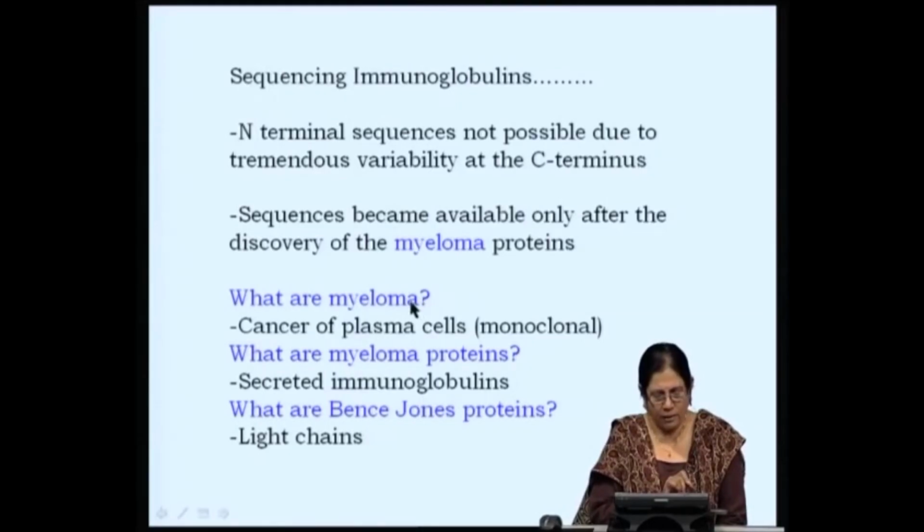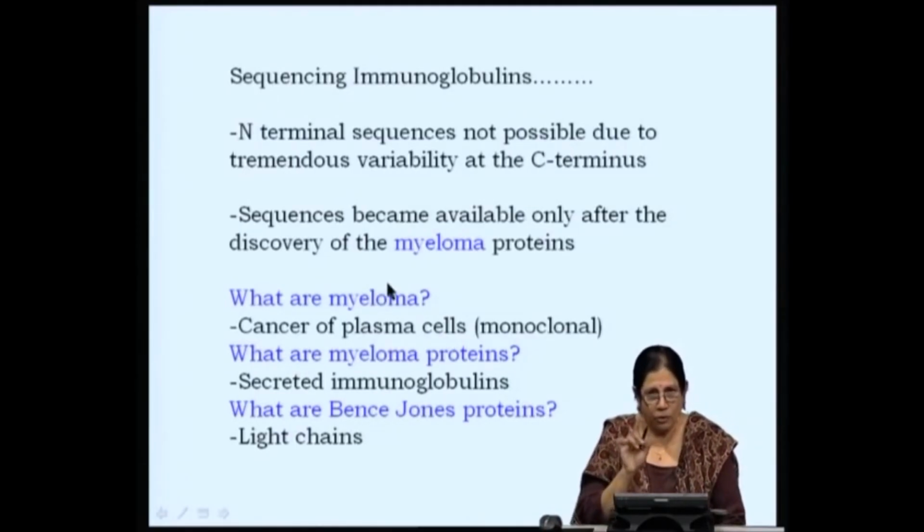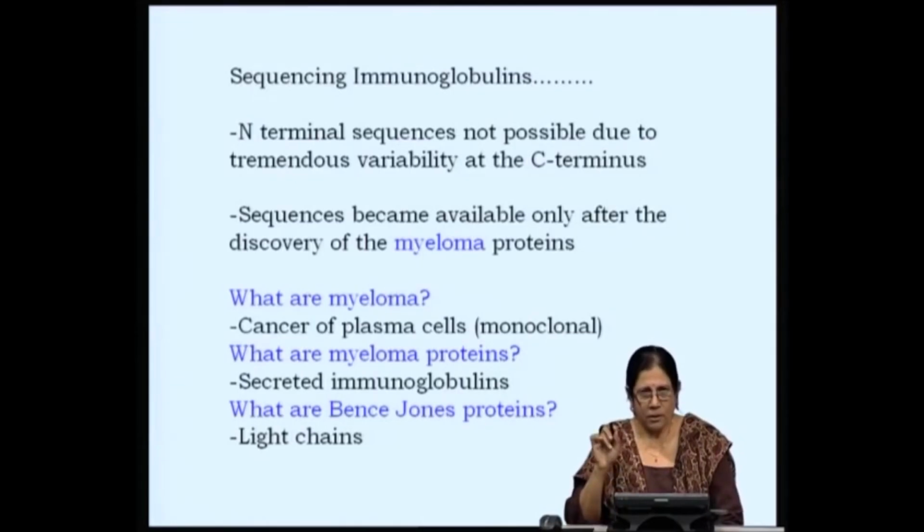Myeloma proteins are products of cancer of plasma cells. Now, myeloma proteins are also monoclonal. Why? Because cancer is usually monoclonal. Almost any cancer one can think about, whether it is epithelial or, let us say, from hematopoietic lineage, is usually monoclonal.